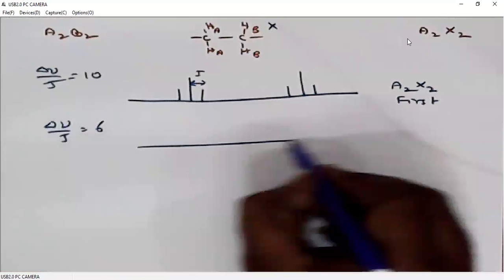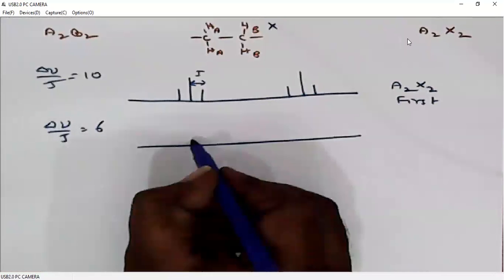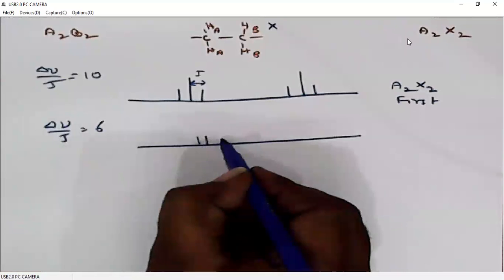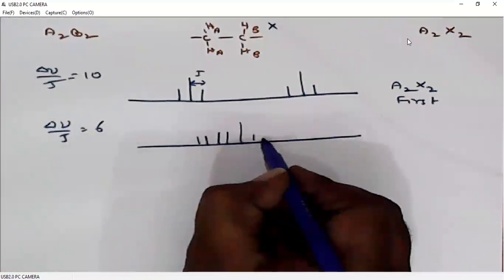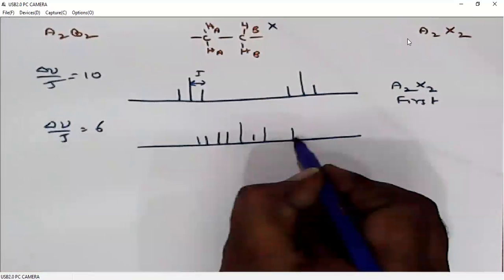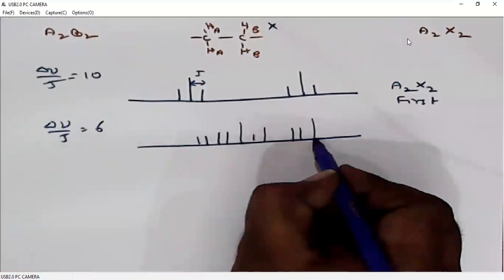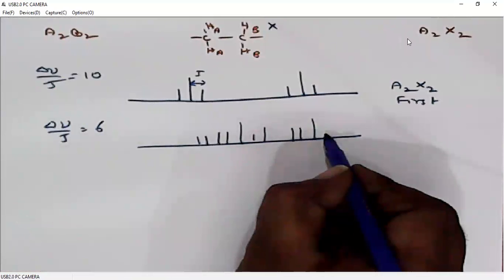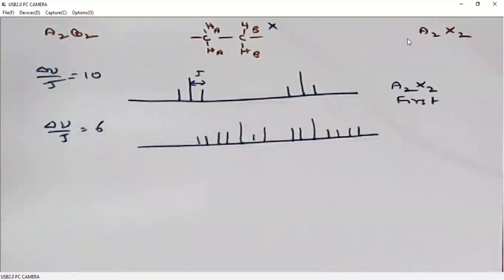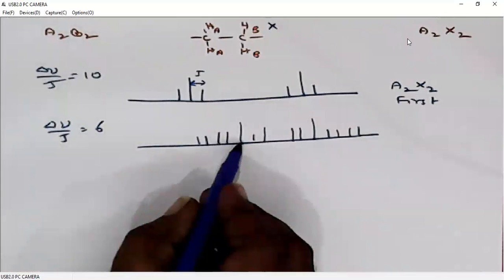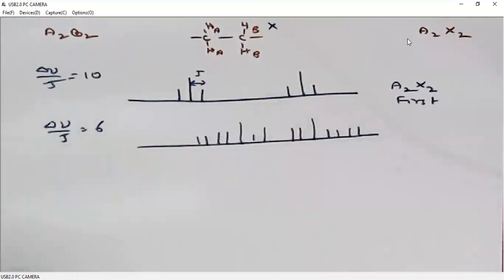So the multiplicity will be complex, which we cannot directly predict based on the n plus 1 rule. I am just giving these peaks from the book. Okay, follow the Pavia book. Now see, this multiplet is not clear like that. So what we can say, it is becoming second order.